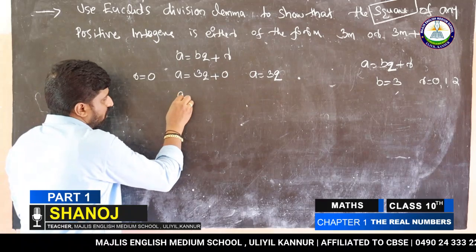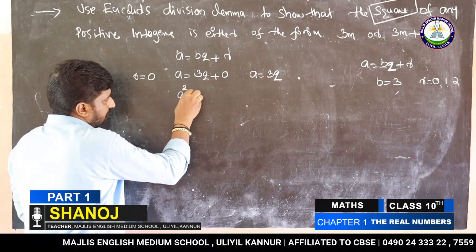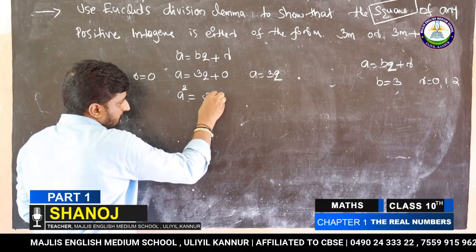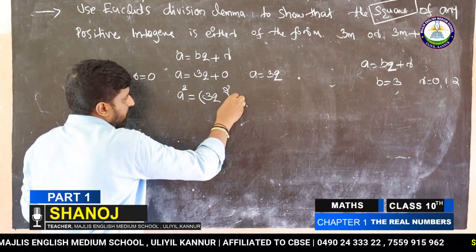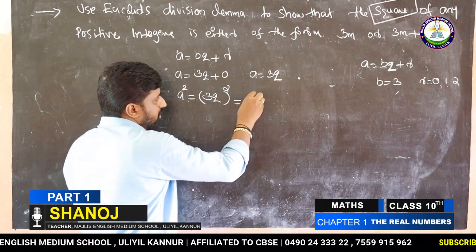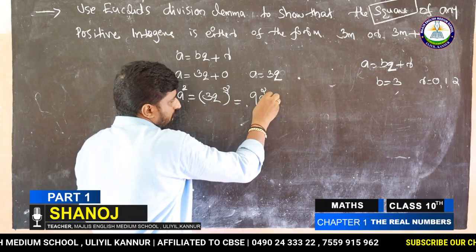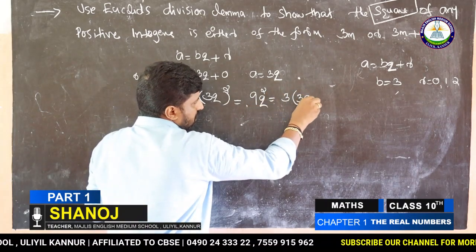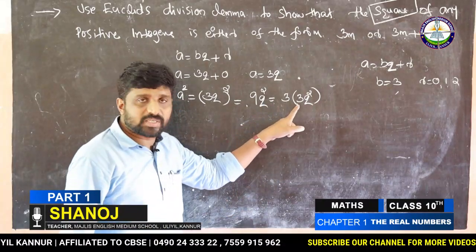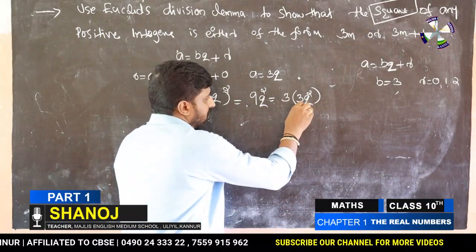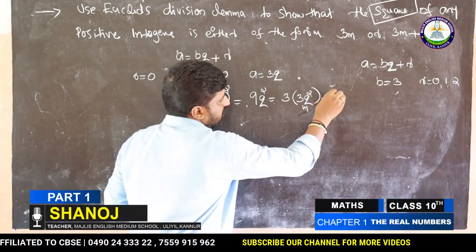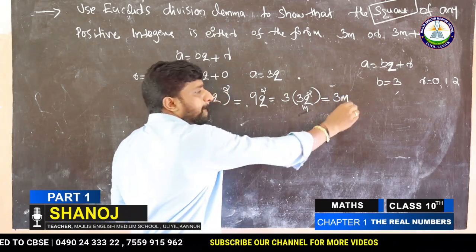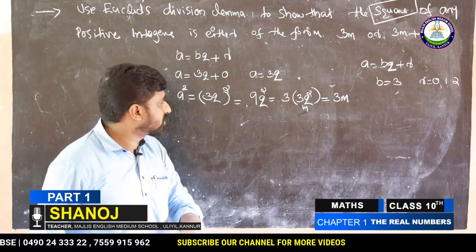That is A square equal to 3Q whole square, that is 9Q square. 9Q square can be written as 3 into 3Q square, because 3 into 3 is 9. This bracket is simply considered as m, therefore it can be expressed as 3m. Clear?